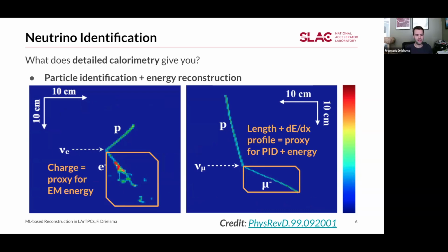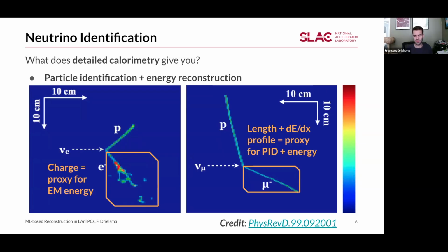The other thing that's nice about having precise calorimetry from this detector is that you can do energy reconstruction better than you would be able to in other detectors, because you can use the calorimetry to do electromagnetic shower energy reconstruction, essentially. And you can also use this detailed charge information to distinguish between different particle types. For instance, the amount of energy deposited per unit length gives you information about which type of particle interacted.